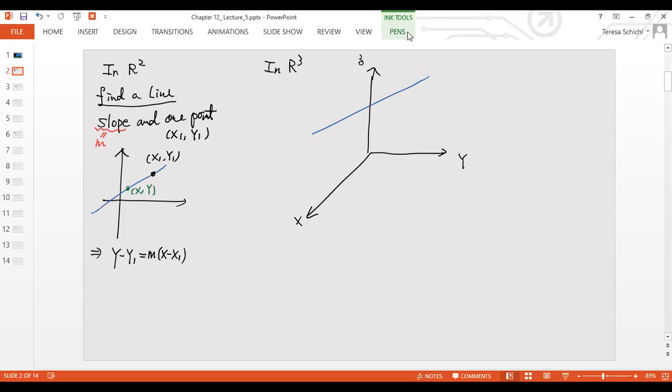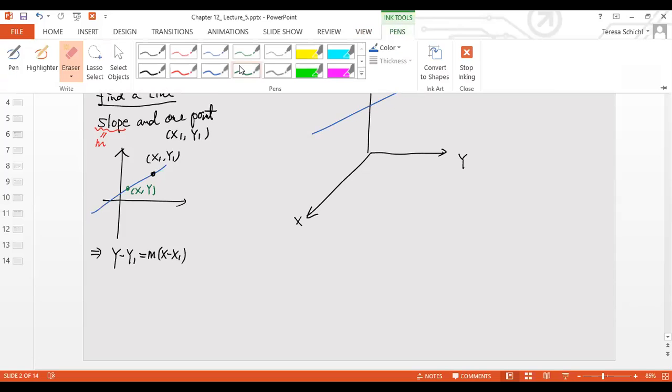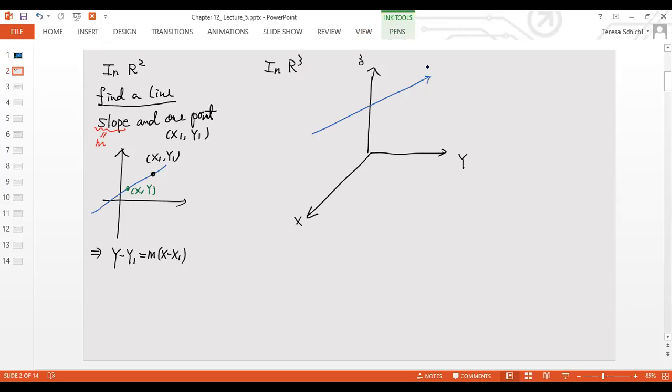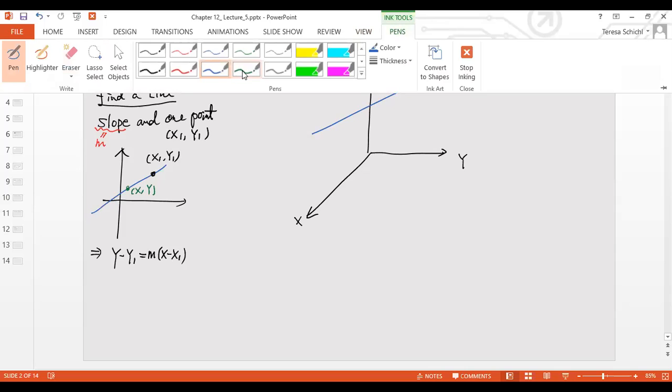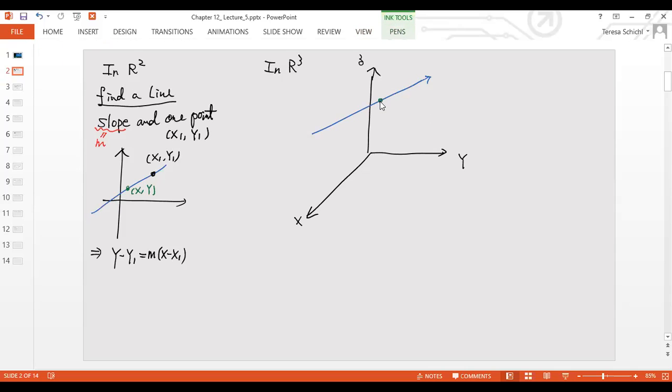We say the same thing. In order to define this line, we know this line goes through a specific point. Let's say this line goes through this point here. Just like we talked about x1, y1, it's the same. This is x0, y0, z0.